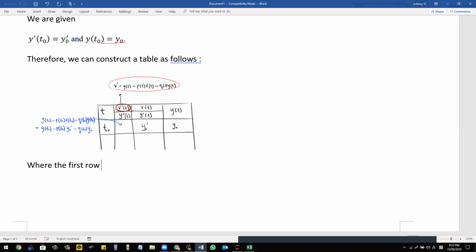You can say the T starts with T naught, and V of T starts. You don't have to mention it, that's too much explanation.